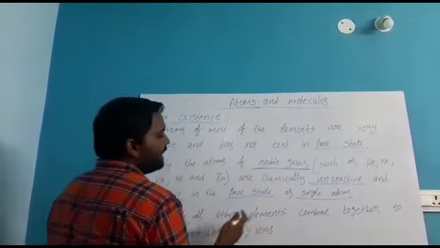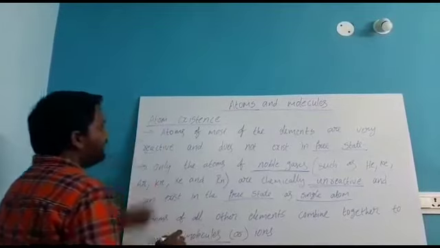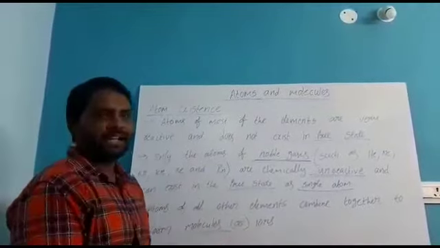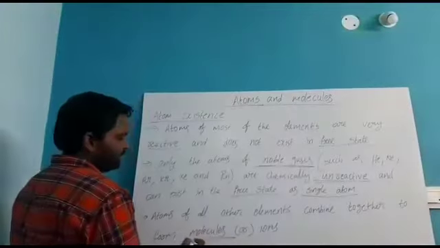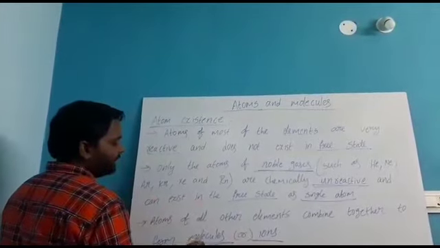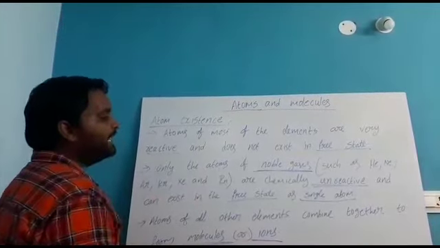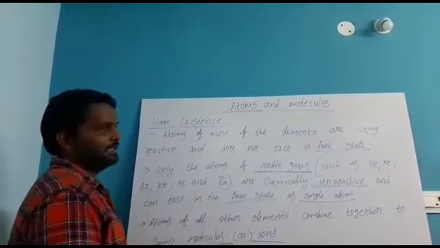Atoms of all other elements combine together to form molecules. When one atom reacts with another atom, it forms molecules or ions. Very important question: define molecules. When more than one atom combines together, they form molecules or ions.